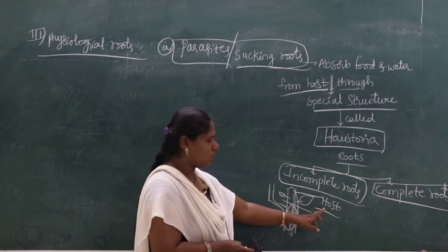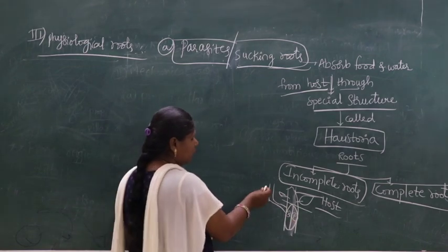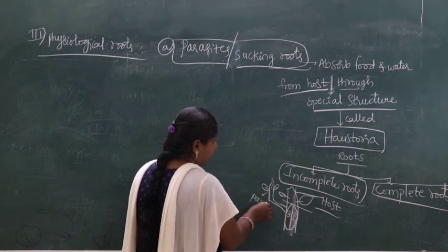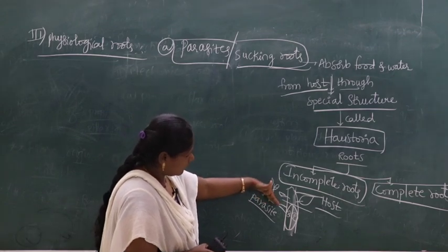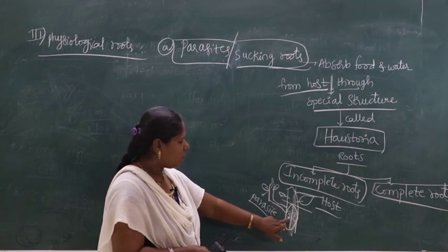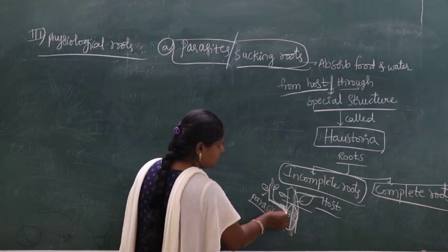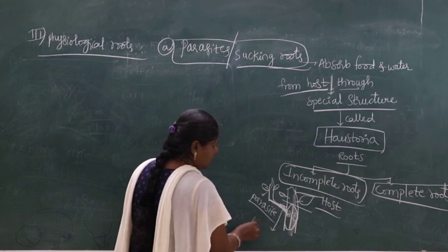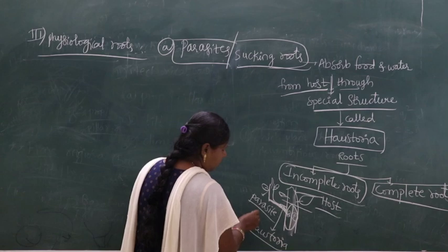Now into this host plant goes the root of the parasite, this parasitic plant. What is the parasite doing? It will send a special structure to the xylem of the host root. The special structure that enters into the host is called haustoria.